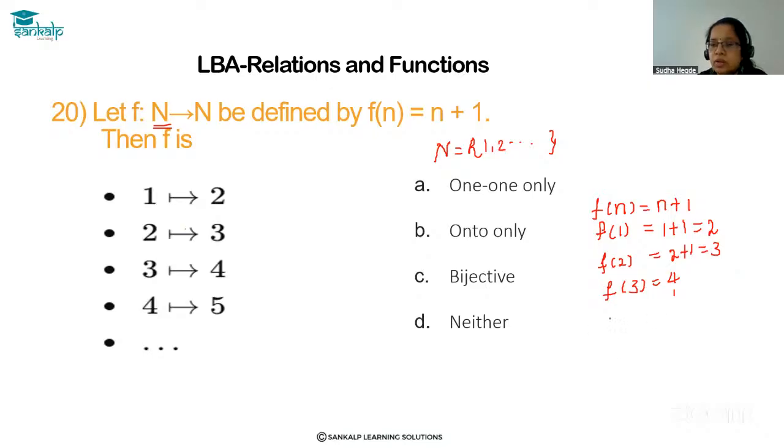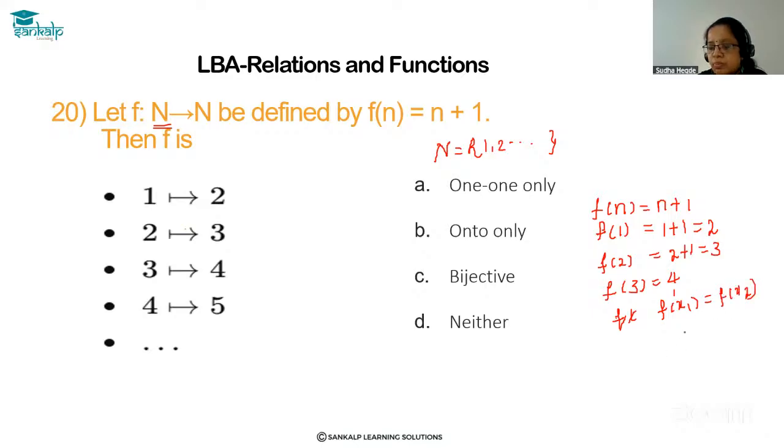Now check whether the function is 1-1 or not. Okay, so you can take the contrapositive of f. How do you take contrapositive? Suppose the general way is f of x1 is equal to f of x2.